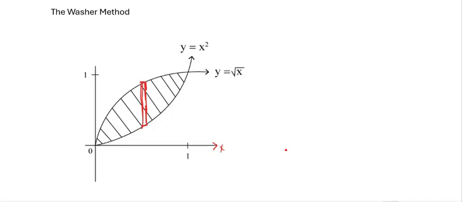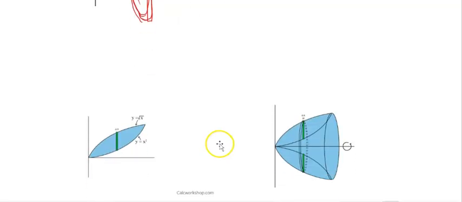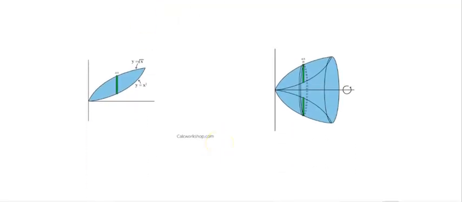And this is why it's called the washer method, because if I rotate this around, this would be down here, and you'd have the disk, but there's going to be this hole in it, right? So you get what we call a washer as you rotate around. I'm not the best at drawing these, but this is what it looks like.